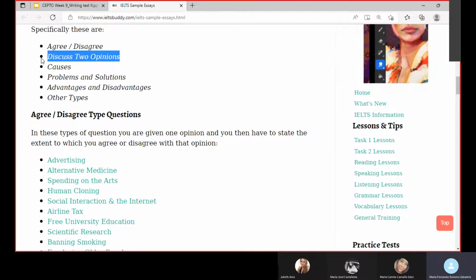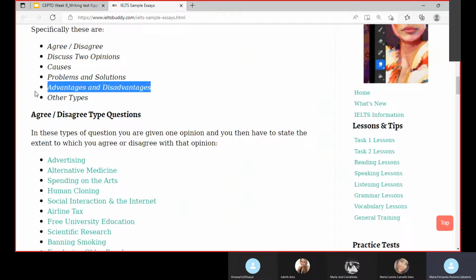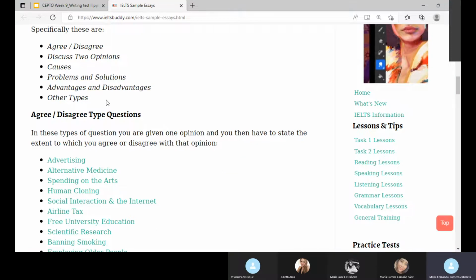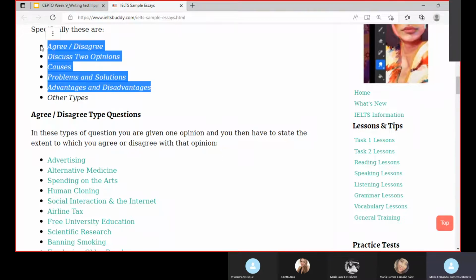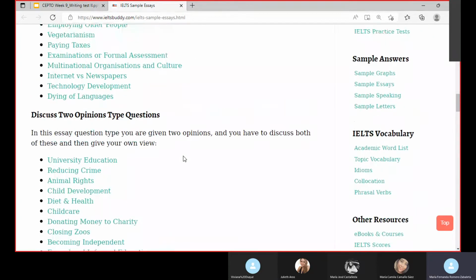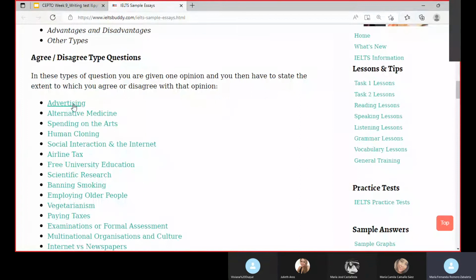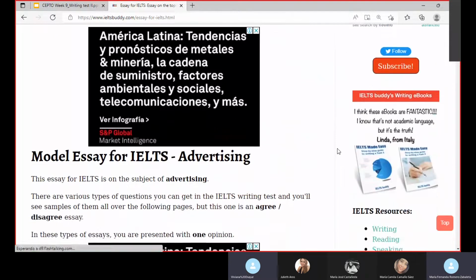In some cases, you have to discuss two opinions. In another, you have to talk about the causes or reasons of an issue. In some cases, you have to talk about a problem and give solutions, or discuss advantages and disadvantages. And there are other types that don't easily fit in one of these types of questions, so they are classified as other types. So you'll find not only sample questions, but also some model answers that you can use to practice.